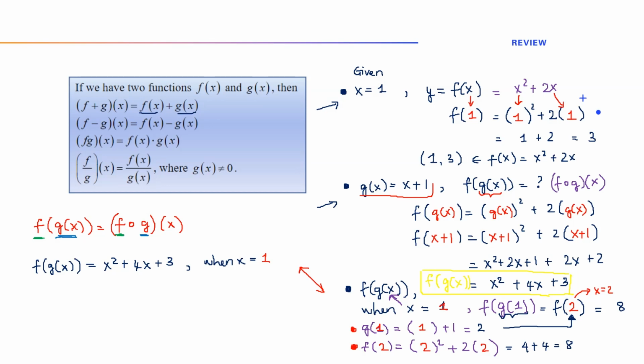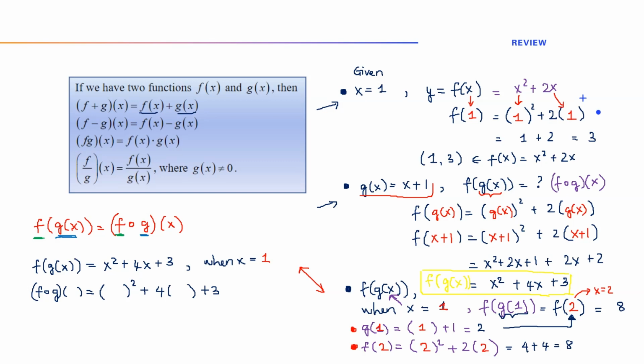Now I just plug in. Okay, so this one will be f of g of x. That will be equal to, now the x, we left it blank, right? So this one will be ( ) squared plus 4( ) plus 3.